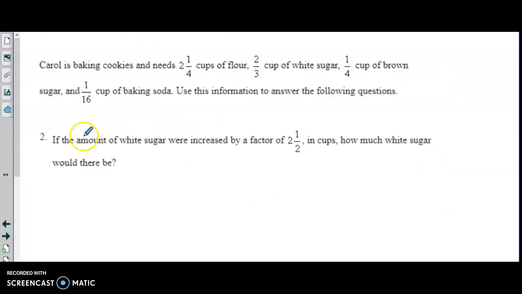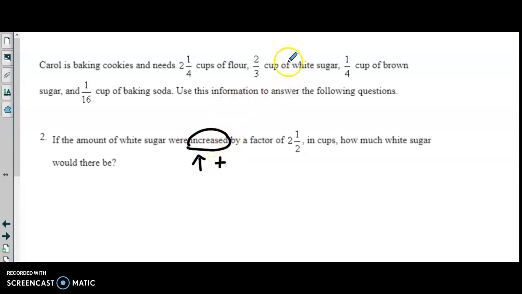Same problem. This time it says if the amount of white sugar is increased by a factor of 2.5 in cups, how much white sugar would there be? Okay, so if we think about the word increase, we are making it bigger, right? We're going up, so we need to be adding.